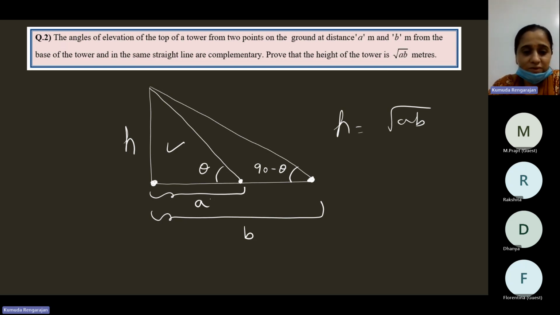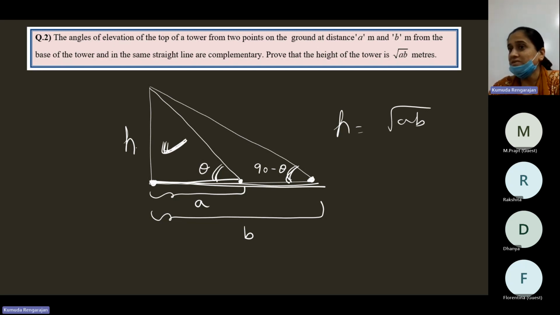Because from here to here, it's B. When you take the small triangle, tan theta is equal to opposite by adjacent, H by A. When you take the bigger triangle, tan 90 minus theta is equal to opposite H by this full thing, which is B. B, not A plus B. Not A plus B. All right. Yeah, you were right. A plus B minus A.